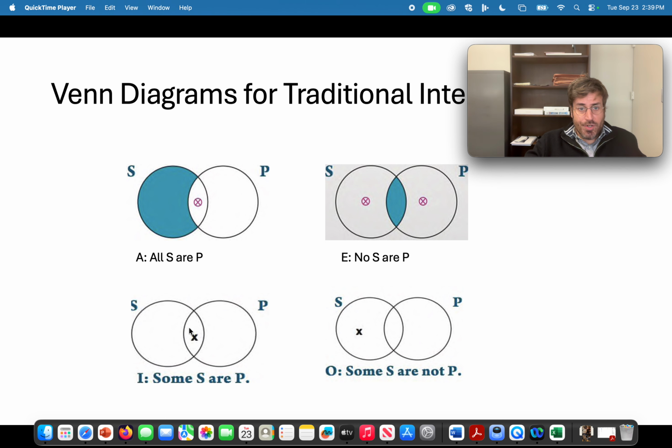An X in region 2 for some S are P, and an X in region 1 for some S are not P. Make sure you familiarize yourself with the distinction between the modern interpretation of categorical logic and the traditional interpretation, and certainly try your best to memorize the placement of these categories on both interpretations on the Venn diagram.